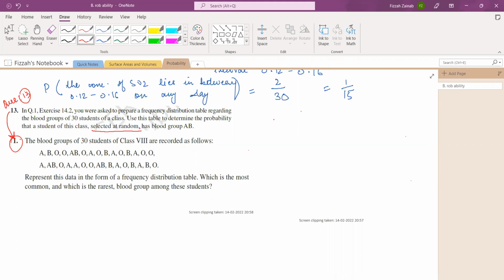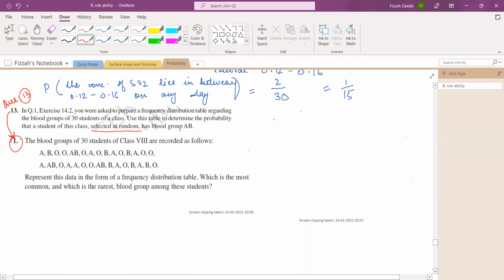It does not mean that some student has a greater chance of being selected and some a lesser chance. No, every student has an equal chance of getting selected. In that case, we say the selection is done at random. Yes, ma'am. Okay.